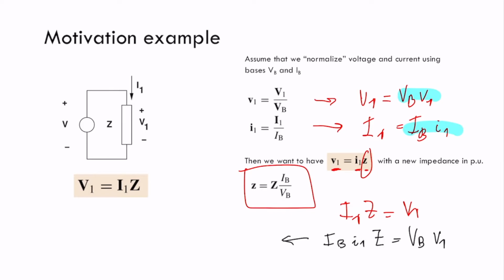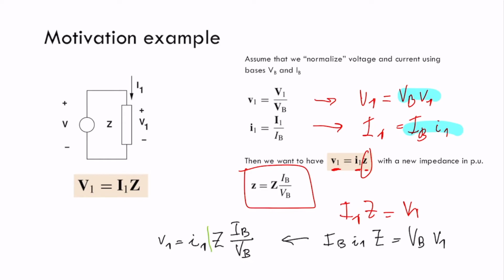So from here you can see that, to keep the relationships, little v is equal to little i times C times the base of the current divided by the base of the voltage.